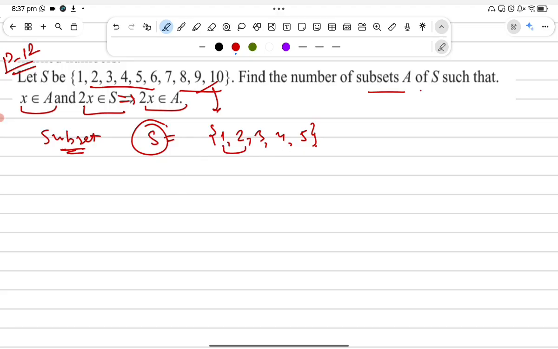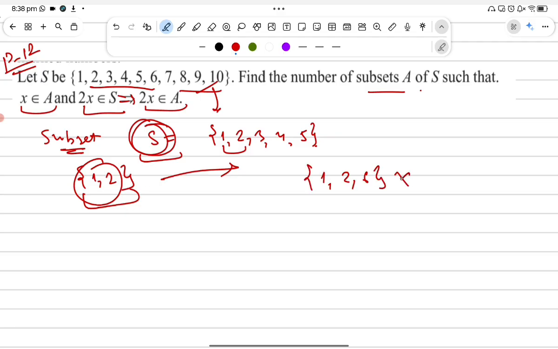What does that mean? So let's say I take 1, 2. This is a subset of S. Why? Because all the elements of the subset are also an element of the main set. If I say 1, 2, 6, this is not a subset. Why?